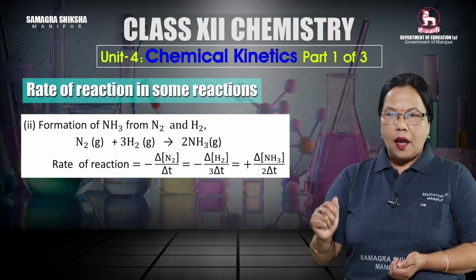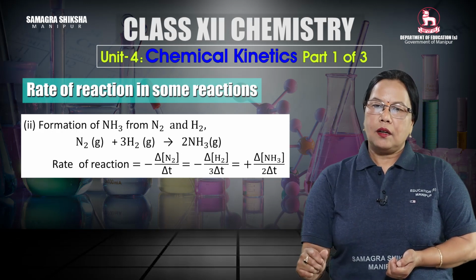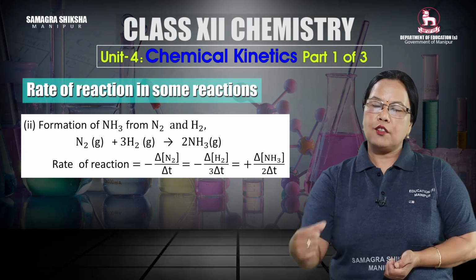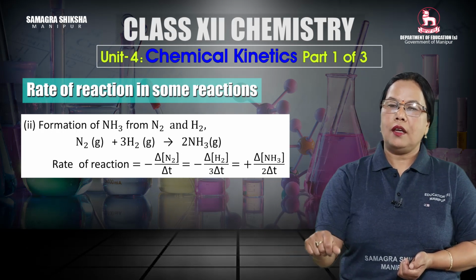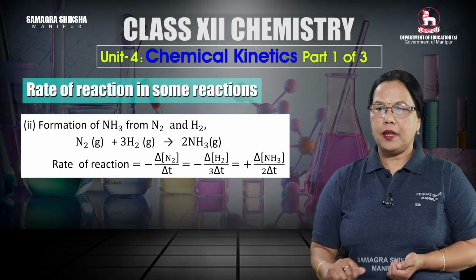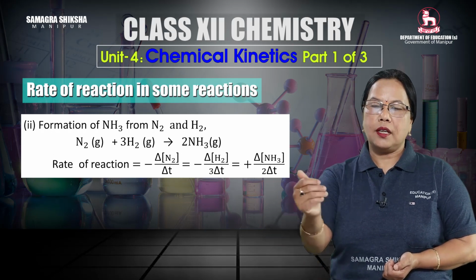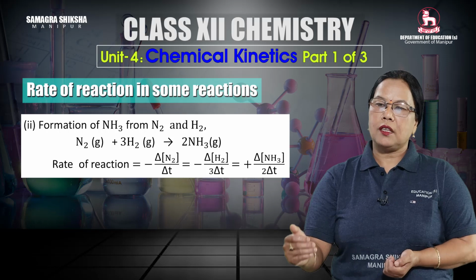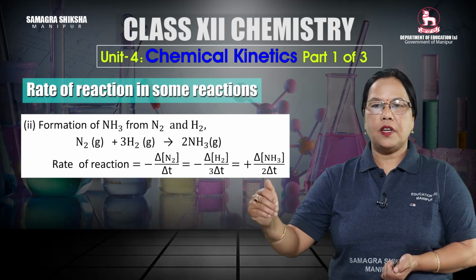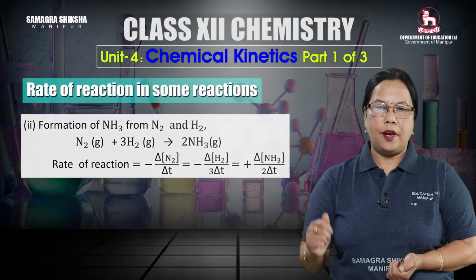The rate of the reaction is given in terms of the concentration of nitrogen, the concentration of hydrogen, and the concentration of ammonia. For the sign convention, nitrogen and hydrogen have a negative sign, indicating a decrease of concentration with respect to time, and positive in ammonia, which indicates an increase in the concentration of ammonia.